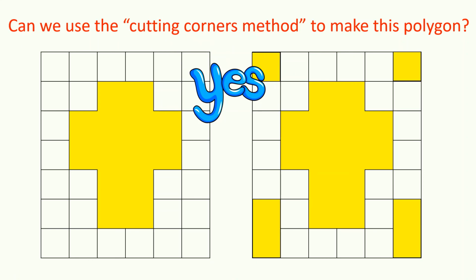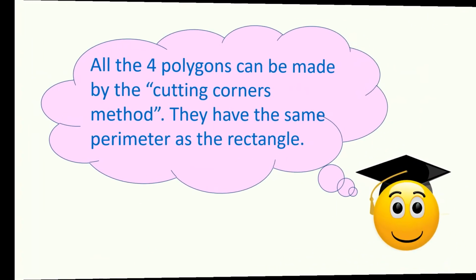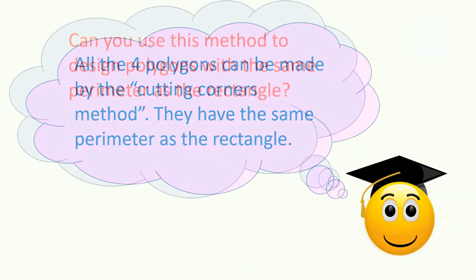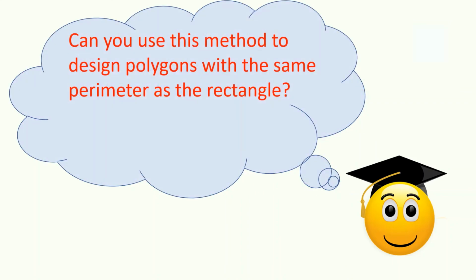Yes. All the 4 polygons can be made by the cutting corners method. They have the same perimeter as the rectangle. Can you use this method to design polygons with the same perimeter as the rectangle?